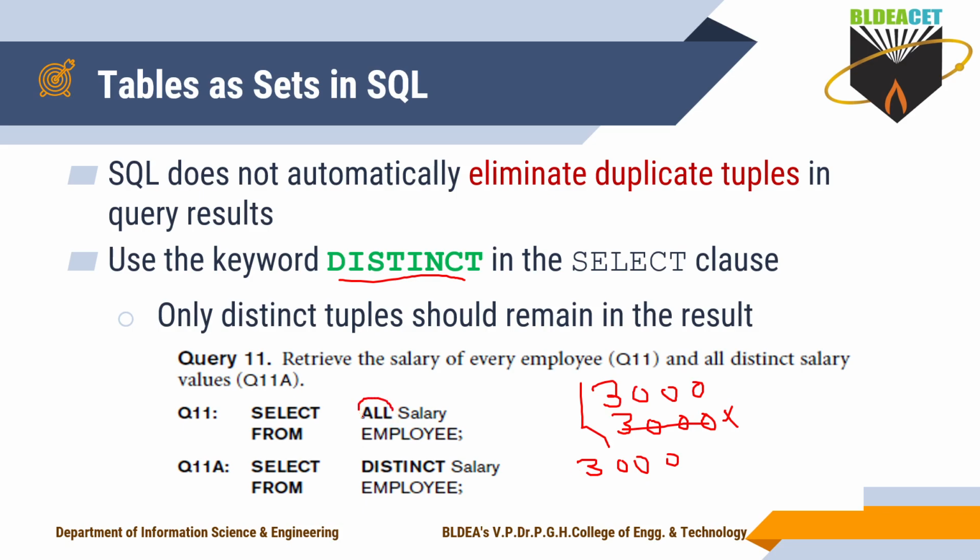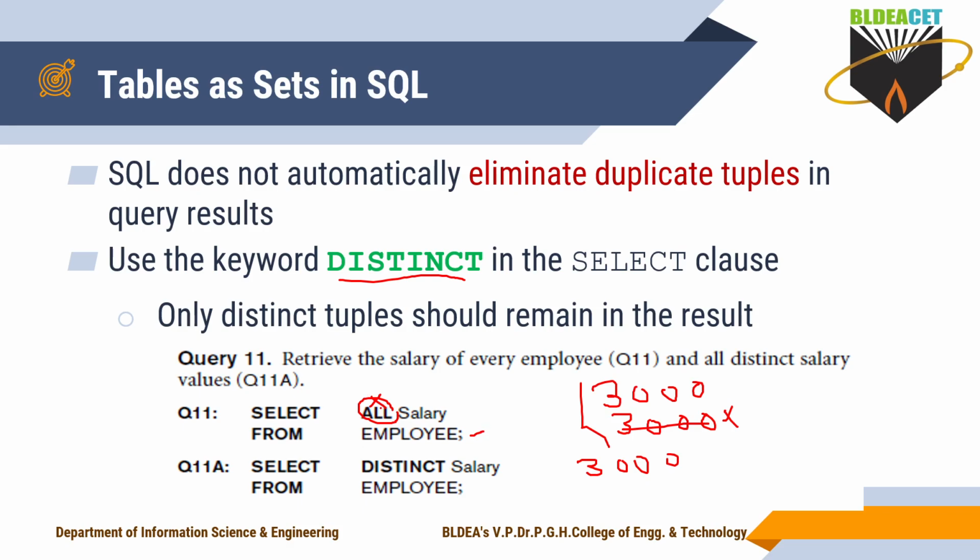And even if you do not use ALL here, if I just use select salary from employee, what happens? Now ALL is the default. Even if you do not specify it, it takes ALL as the default and retrieves all the tuples according to your query condition or requirement.